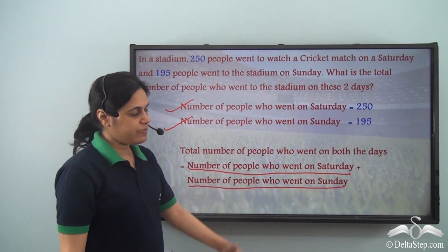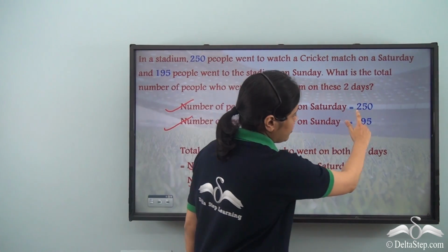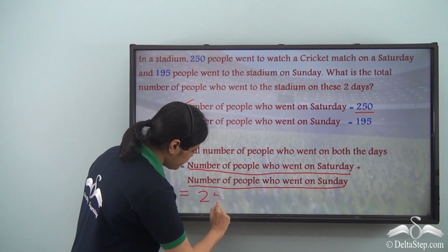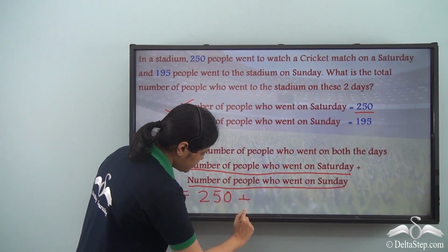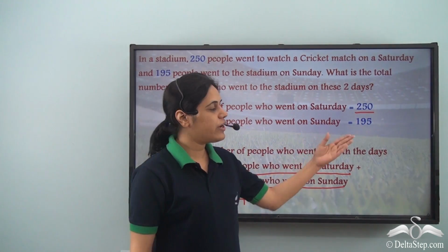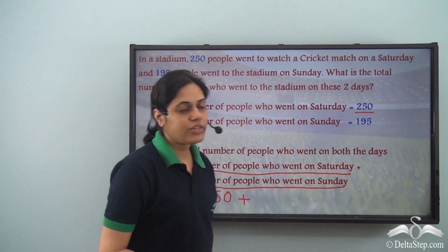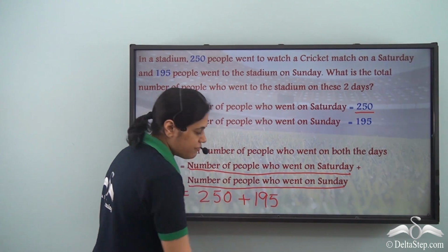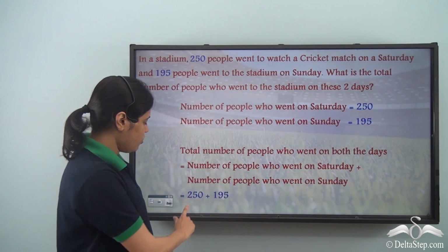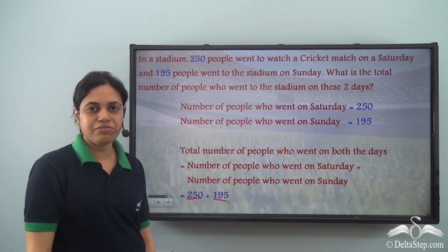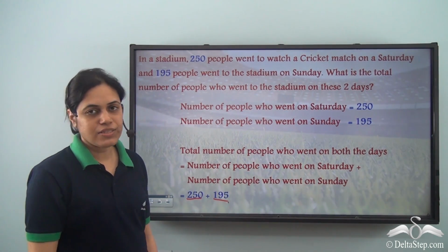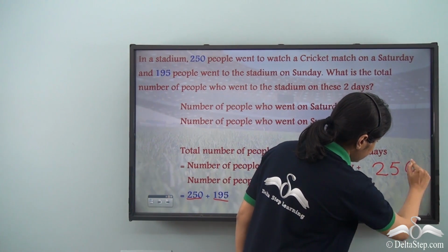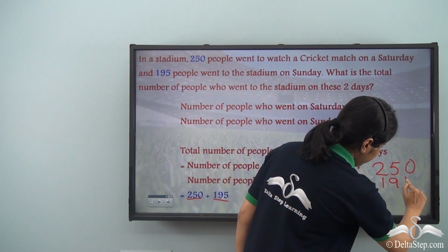The number of people who went on Saturday is 250, plus the number of people who went on Sunday, which is 195. So 250 plus 195. Now I need to add this.